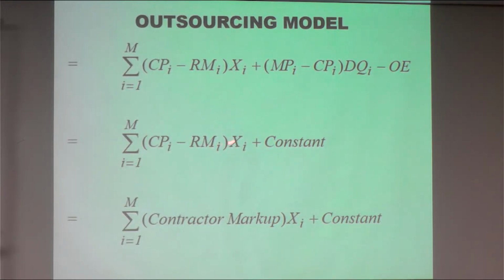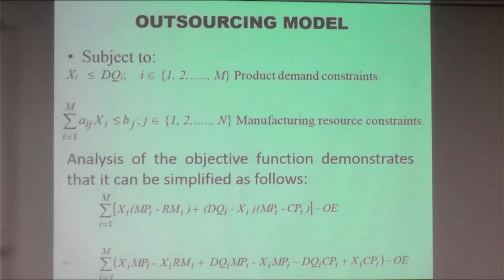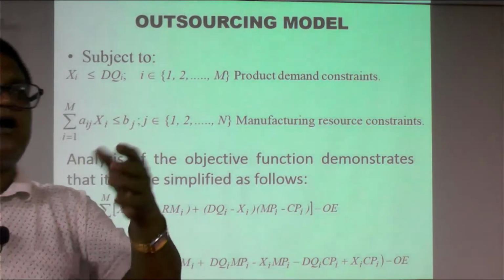Contractor's throughput into what is xi? Xi is the quantity that I am producing in-house. So, you solve this linear equation with these constants. Whatever will be the values of the different x, x1, x2, x3 up to xm, these quantities you will produce in-house, and the rest from DQI, after subtracting, that quantity you will get from the outside contractor.